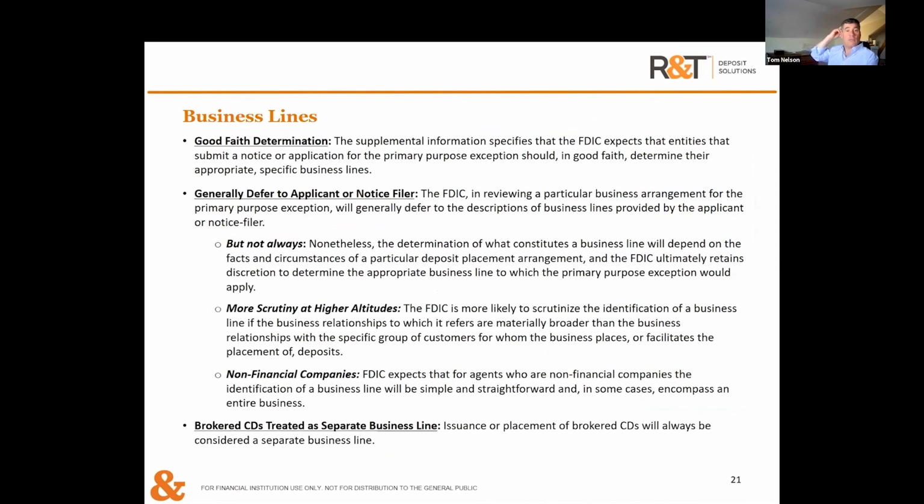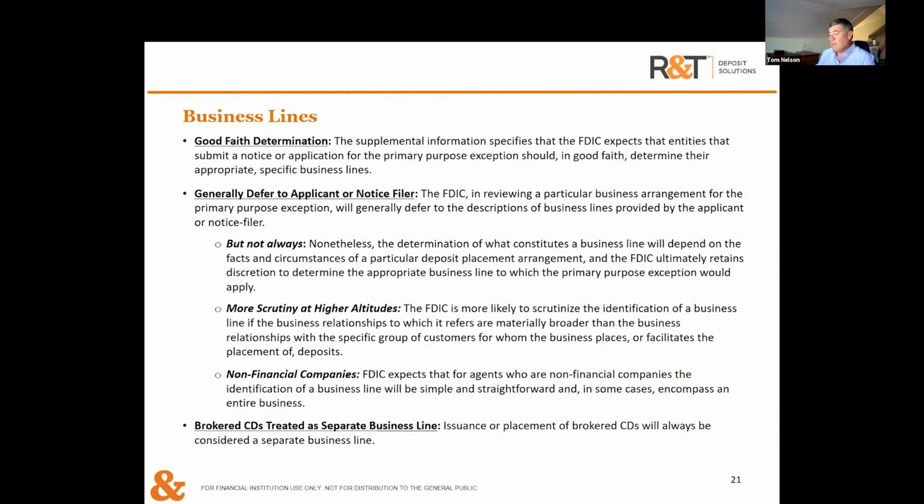Now, one of the things I talked about before is business lines. Any entity that goes to the FDIC and makes a certification for a primary purpose exemption, based upon the exemption of less than 25% of cash, has to do that at a business line. If you take a big firm, you can't cherry pick balances from all these different organizations to get to less than 25%.